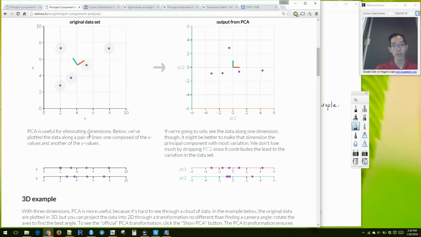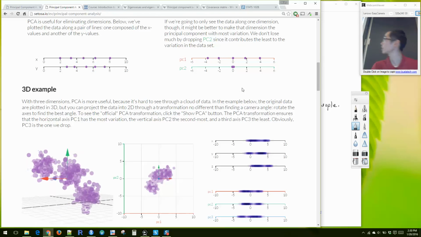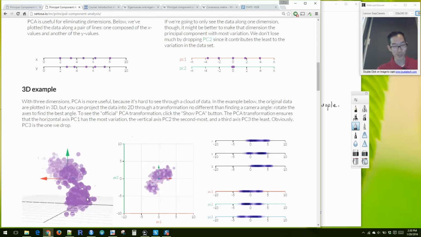As you move these data points around, all of these things move about, which is pretty nifty.